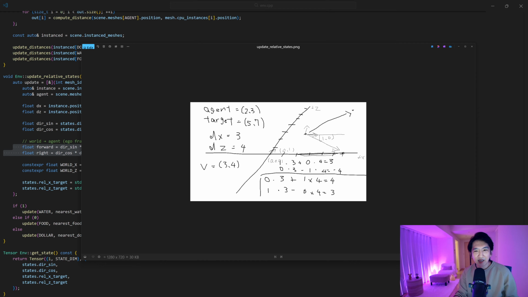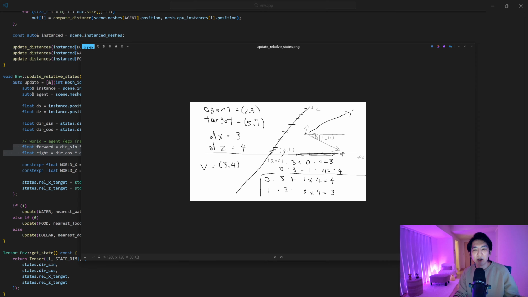By taking dot products, I'm essentially rotating this false target vector by the amount of angle he has rotated.